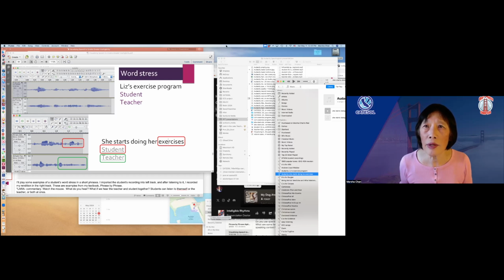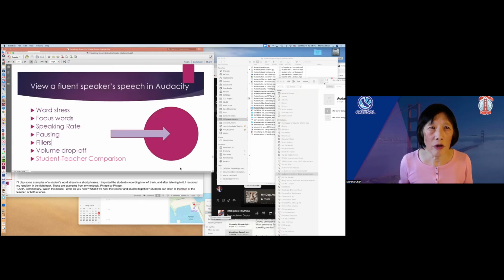All right, so now I'm going to share with you a different screen, and that's going to be the real screen for Audacity.